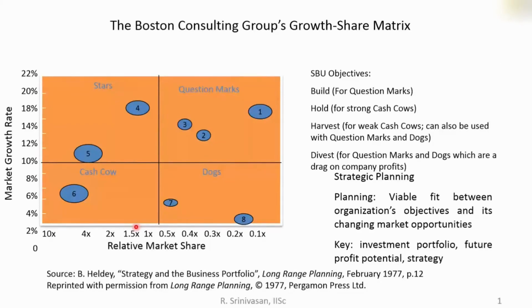Now, a few points about strategic planning. What do you do in strategic planning with respect to markets? You create a viable fit between the organization's objectives and its changing market opportunities. In other words, you are keeping a constant eye on this changing business environment.